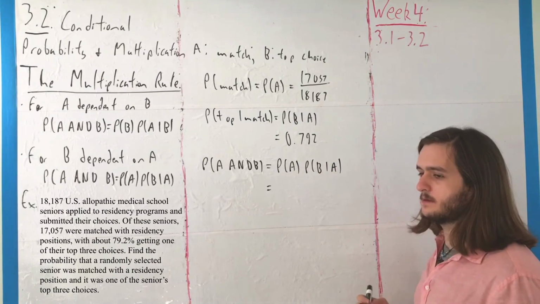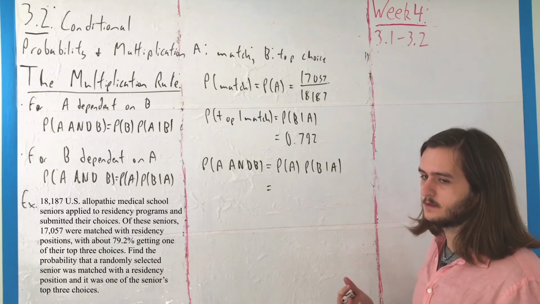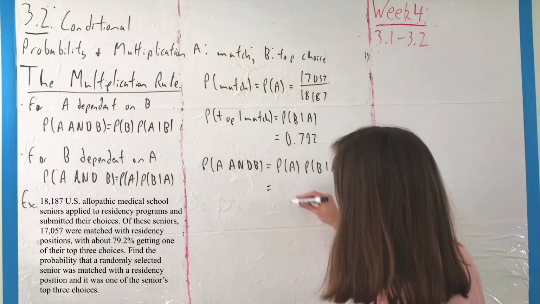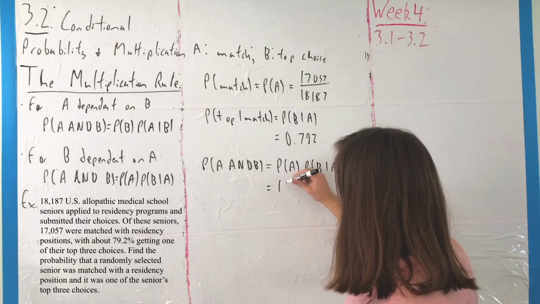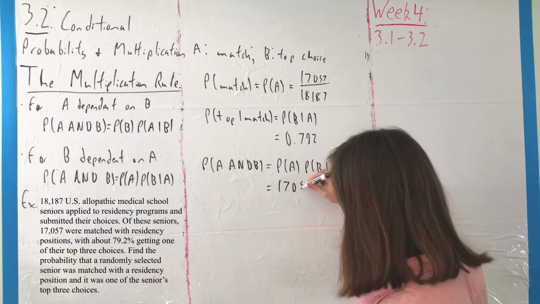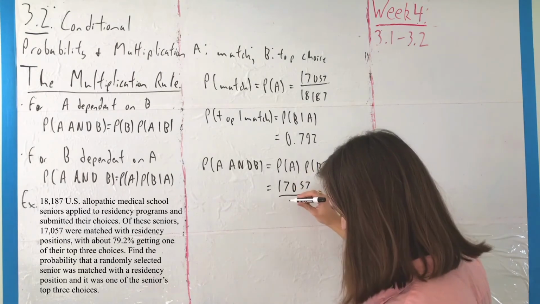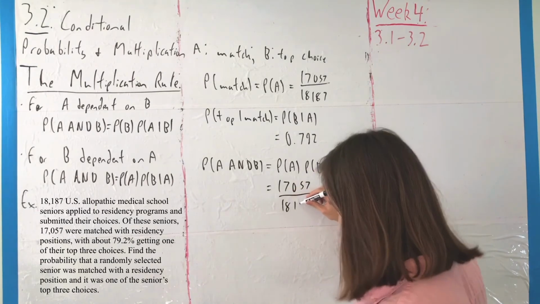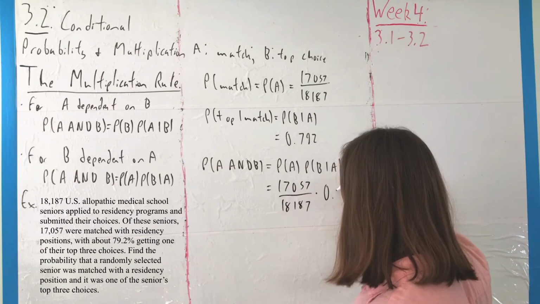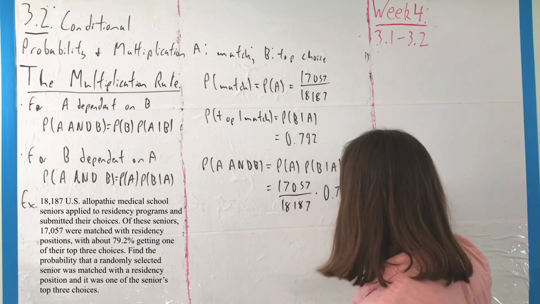You can't get the match if you didn't apply, and you wouldn't have applied if it wasn't a top choice. But here, and I know it's bad form to write a product of a fraction and a decimal like this, it still gets us to the right place.